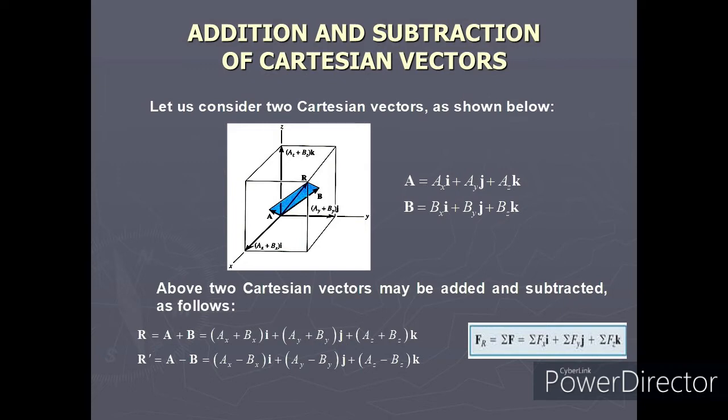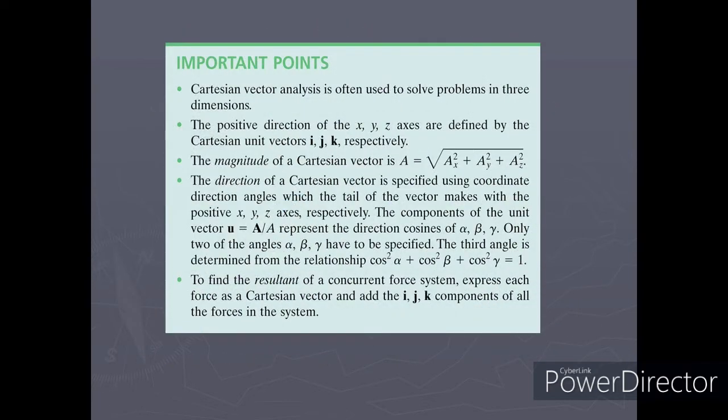Same thing if R equals A minus B, we do the same thing. So the resultant force is just the sum of all the force components, in vector form. Even if you have 2, 3, 4, 5, irrespective of the number.